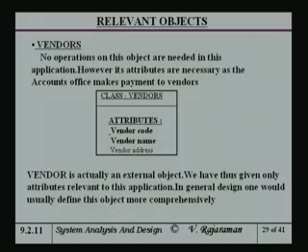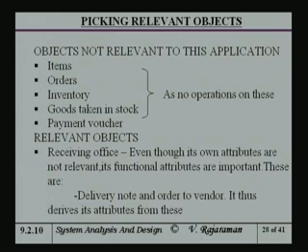So from that point of view, you might say that it's a potential object which has to inherit the attributes of the delivery note and the order to the vendor. These two it has to inherit as attributes, and the operations are of course specific to what the receiving office is supposed to do. Okay, so those operations will be relevant.